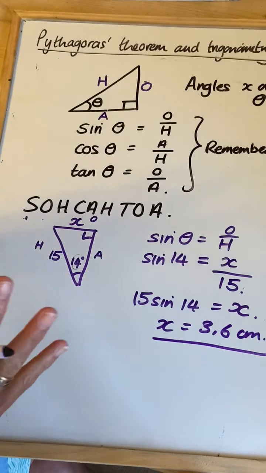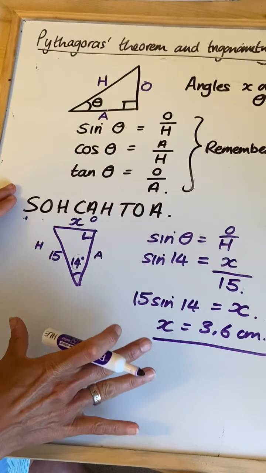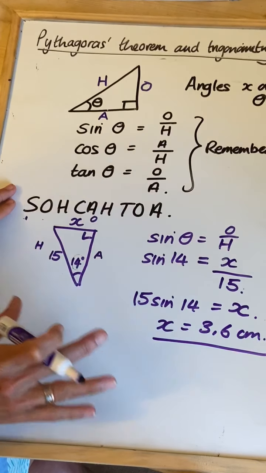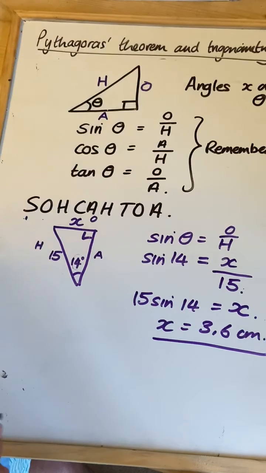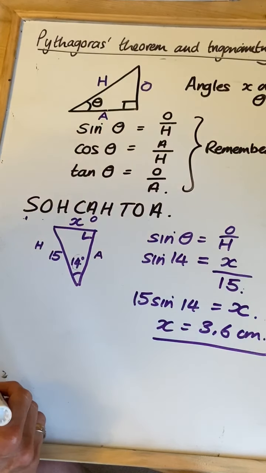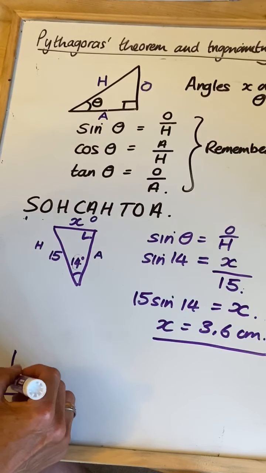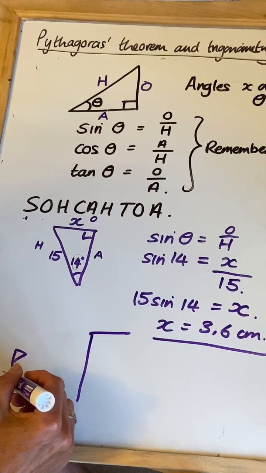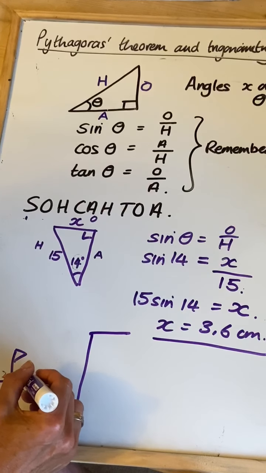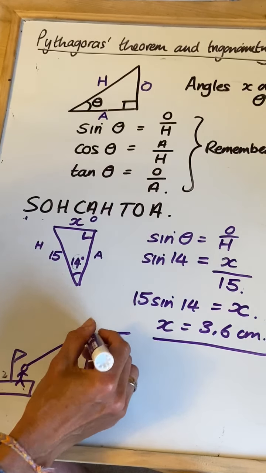And again, these questions, so we've now done 2 with a missing angle and 2 with missing sides. These questions could be arranged into a real life scenario. So you could have somebody sitting in a boat out at sea. There's somebody up here on a cliff top, and somebody on the boat is looking up at the person at the cliff top.